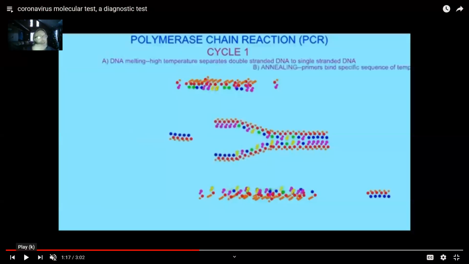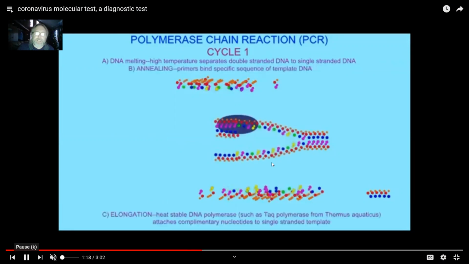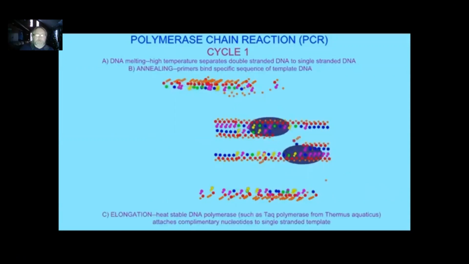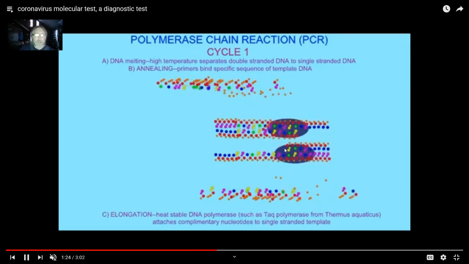The problem is, how do you get enough to test? Well, once you get a sample from a patient, you can add the enzymes which convert RNA into DNA. And then you can do what's called polymerase chain reaction, or PCR. Essentially, you take the DNA and heat the double-stranded molecule to make two separate strands.